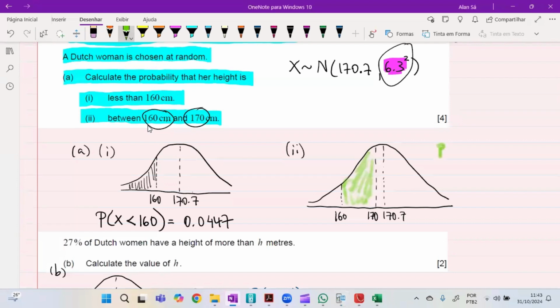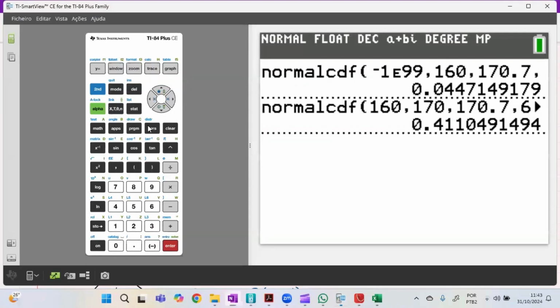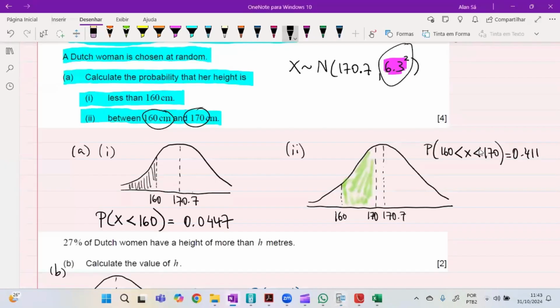So the probability that X lies between 160 and 170 is 0.411, to three significant figures.